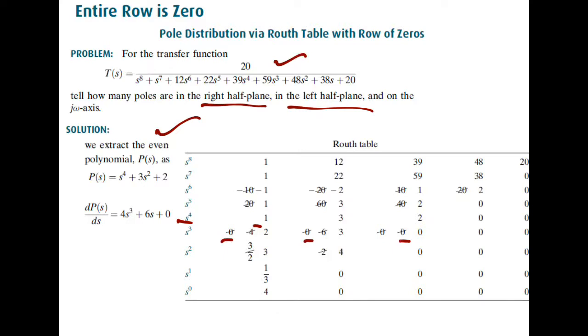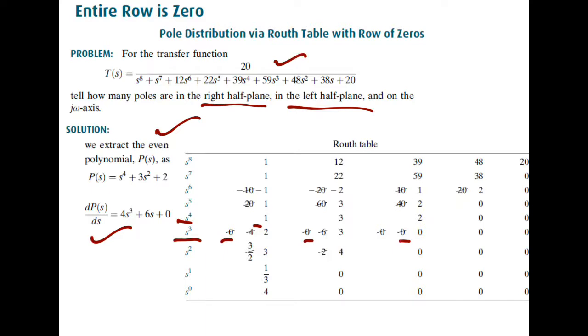Okay, and we then differentiate it. We take the derivative with respect to S to obtain the coefficients that replace the row of zeros. That is, we replace the row of zeros, so we differentiate it.